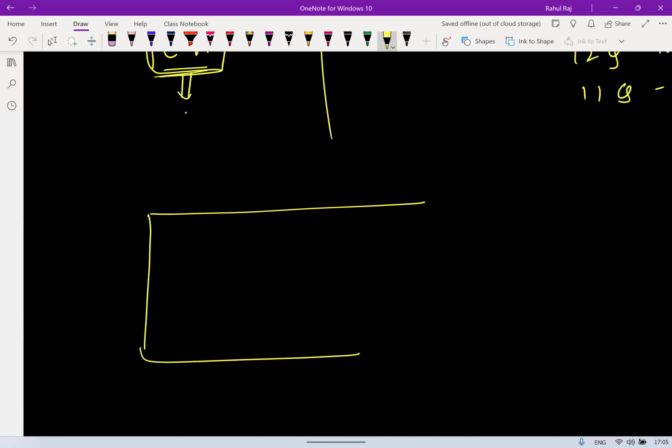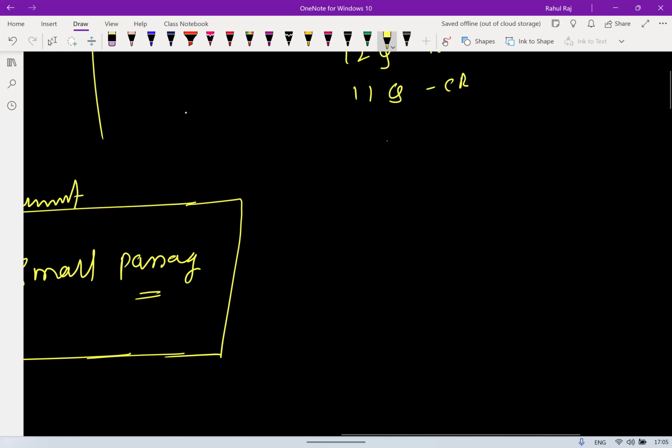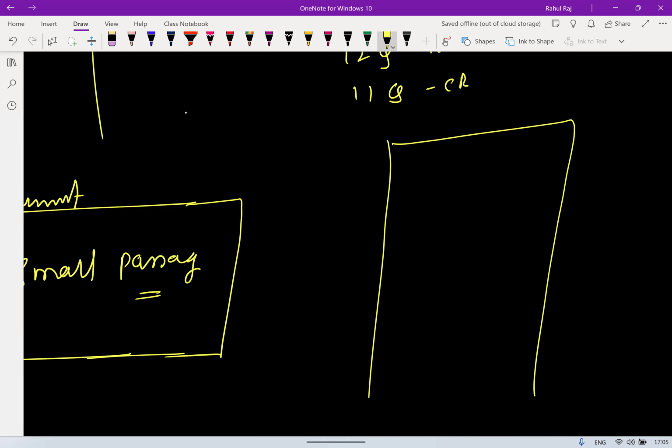So what happens in CR, guys, is there's a small passage, as said by, I think, Mang. This small passage is called an argument. You don't call it a passage. Be very sure. Calling it a passage in CR is wrong. In CR, this small passage is called an argument. And in reading comprehension, this is no doubt a passage for sure.